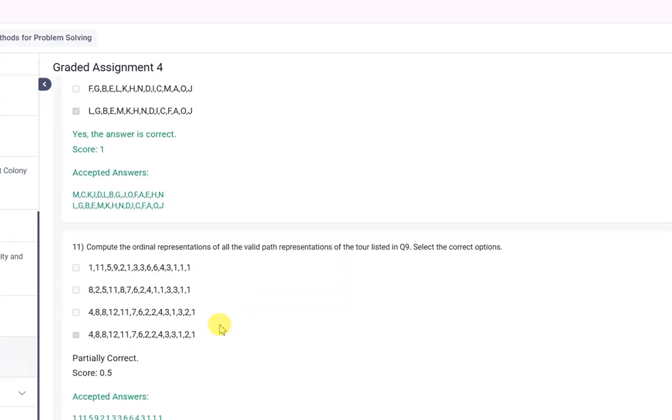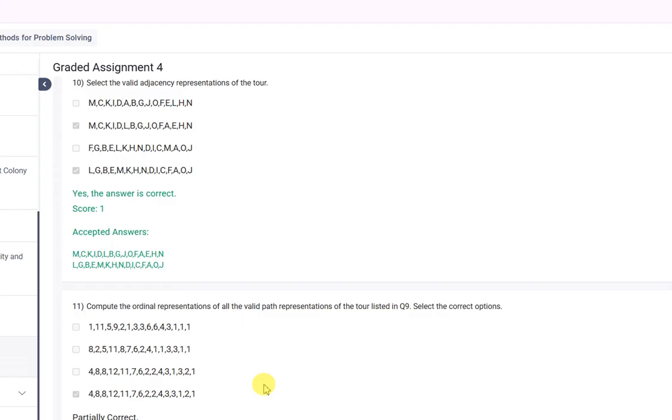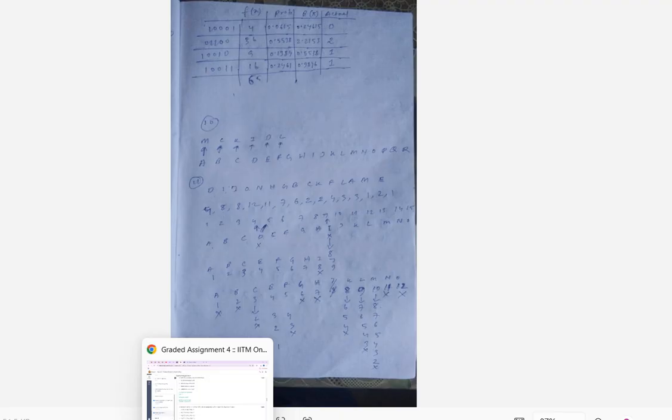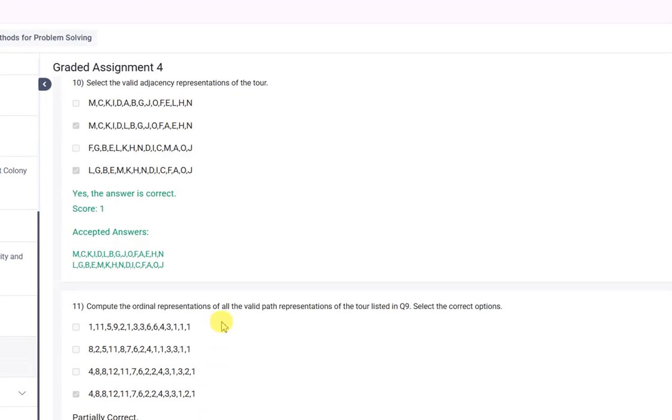But remember, how to find the ordinal representation is like we're going to first write it down like this. For which path are we going to find the ordinal representation? We're going to find the ordinal representation for this tour, right? DIJONH like this.